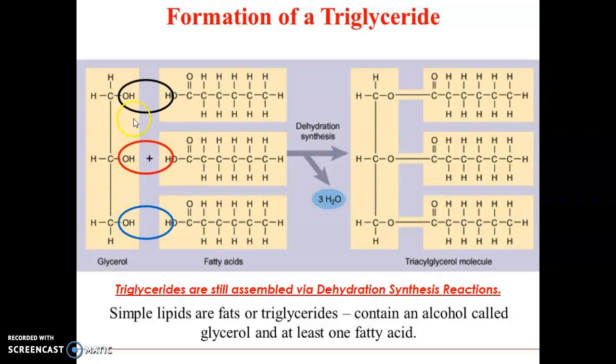So to do that, I'm going to have to pull out 1, 2, 3 water molecules to create those bonds, rather than just 1 water molecule when we were connecting, say, 2 monosaccharides or 2 nucleotides together. So every triglyceride is going to cost you or pull out 3 water molecules.